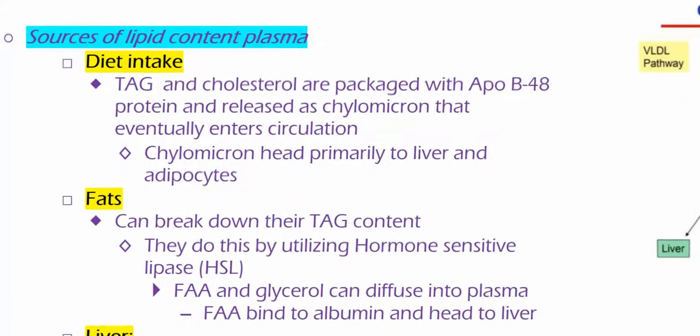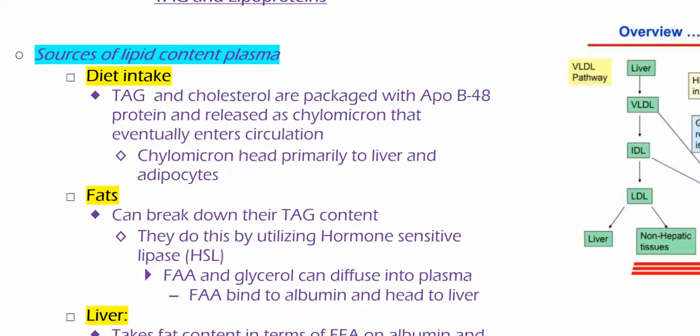And this triacylglycerol, in combination with cholesterol, is going to be packaged with apoprotein B48, right? To create chylomicron. This chylomicron enters your lymphatic system, and then eventually it enters into your circulation.